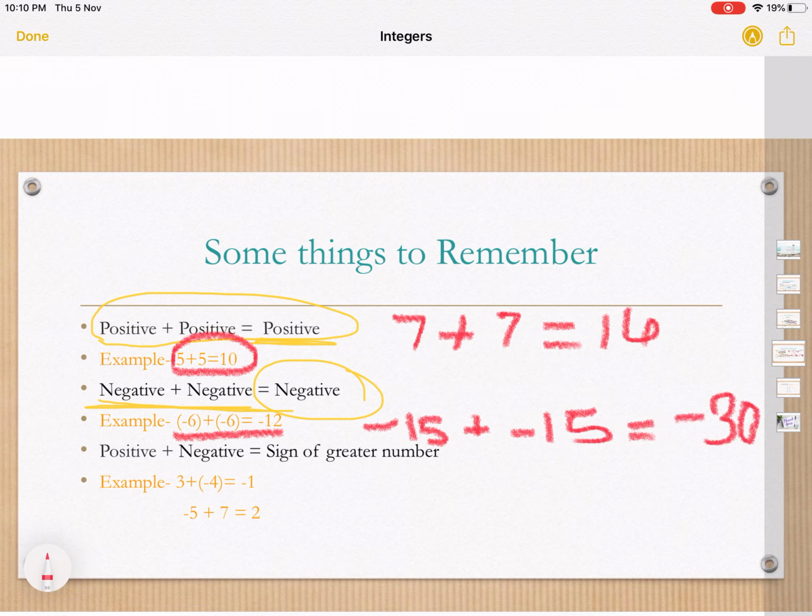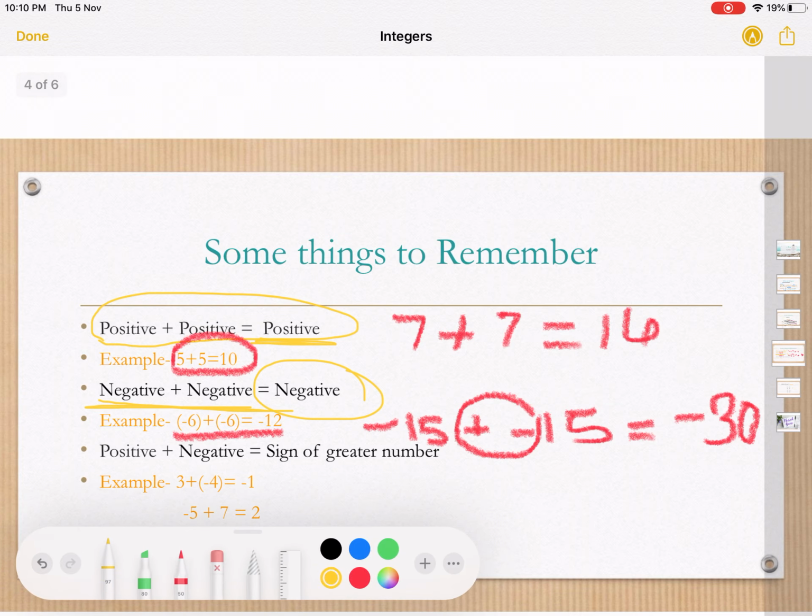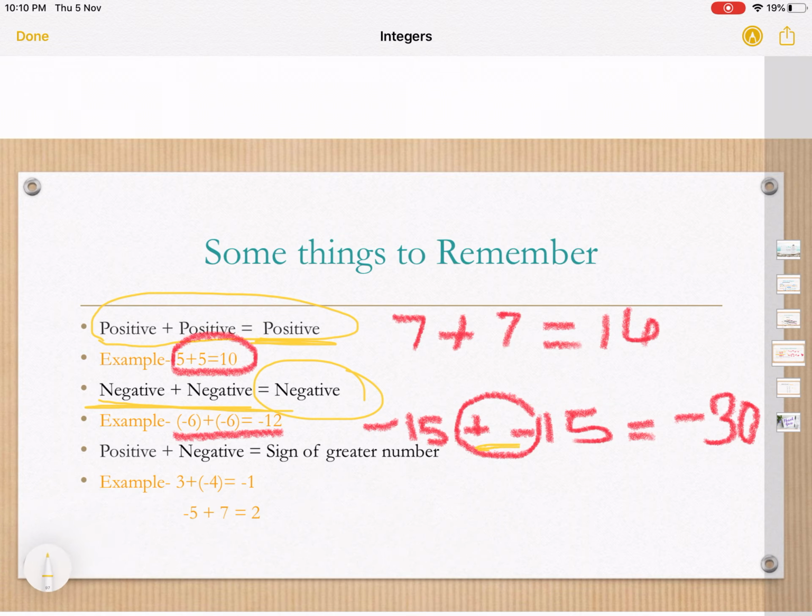Of course you should remember that whenever a plus and minus sign come together, they give us the minus sign. Always remember that. So -15 will make us go to the left side on the number line, which will land us on -30.